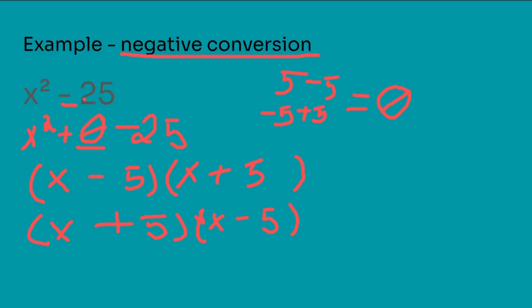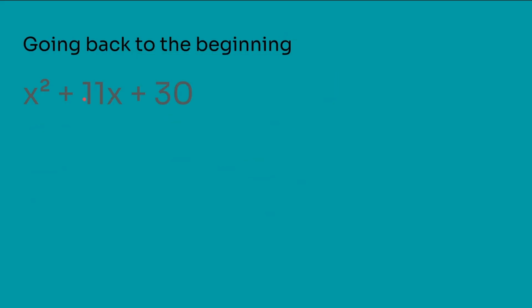So going back to the beginning, let's try and figure out this problem. As we know, this is 1. This is going to be the greatest common factor.